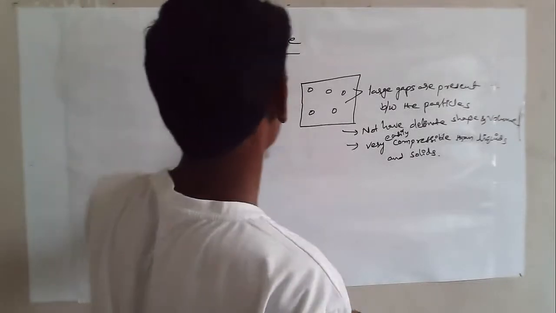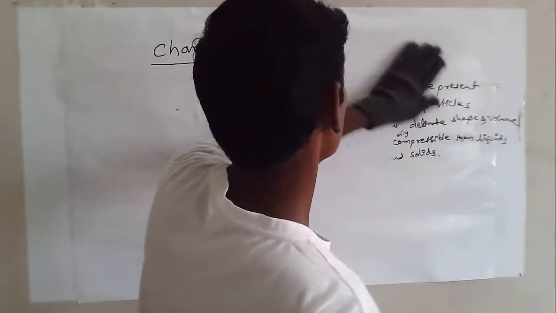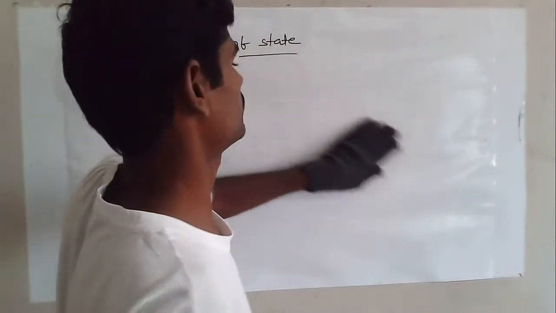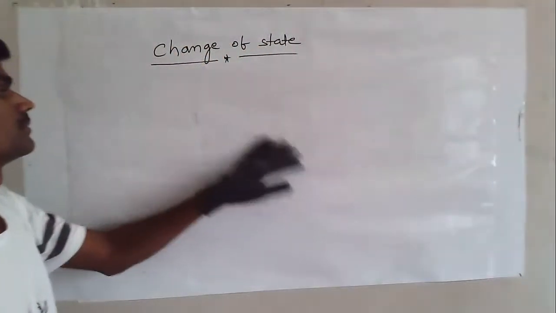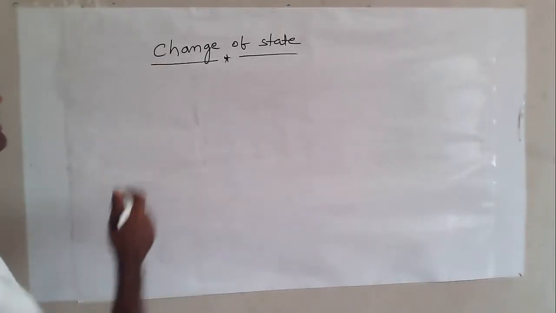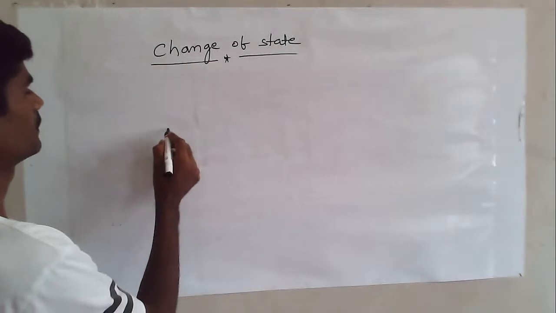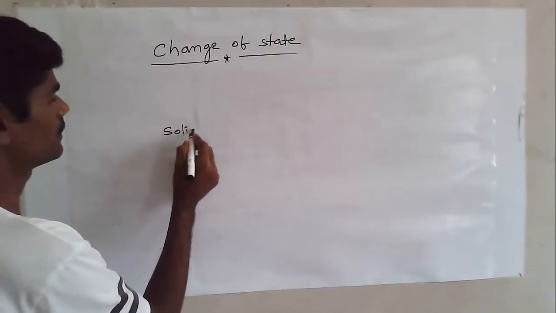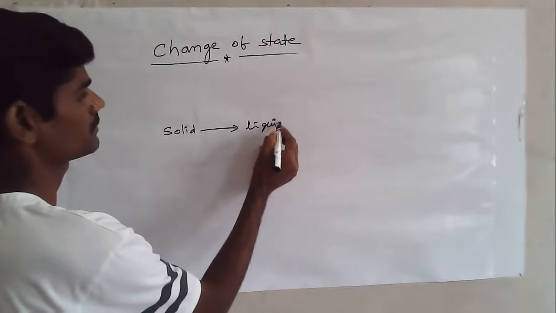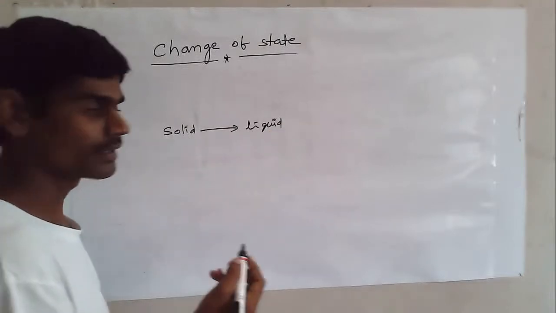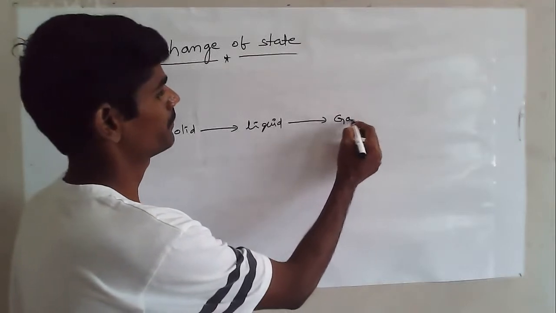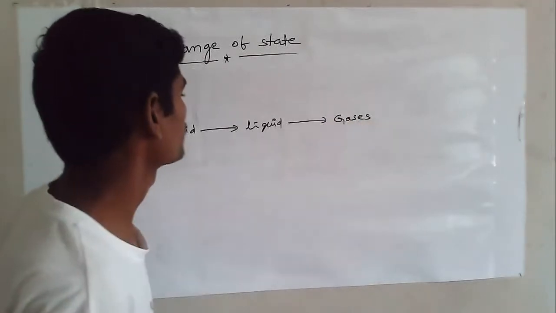Let's look at what change of state is and how it occurs by the effect of temperature and pressure. We know what solids, liquids, and gases are.